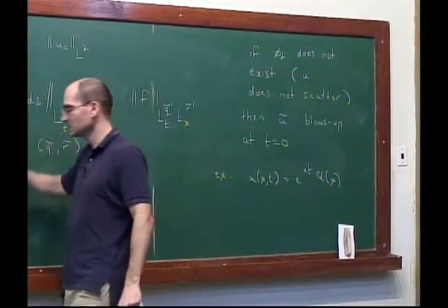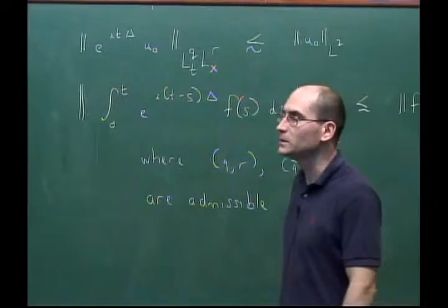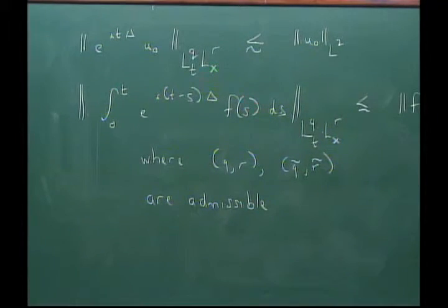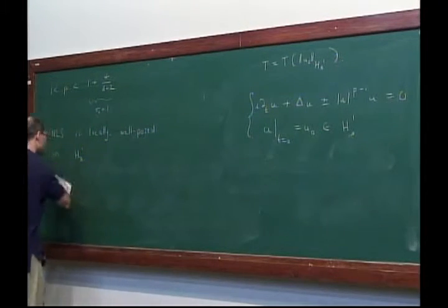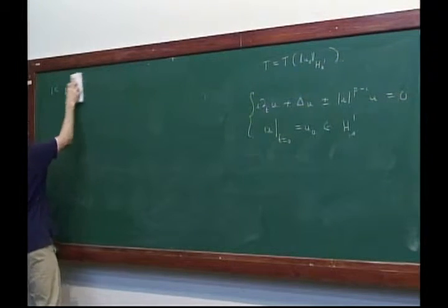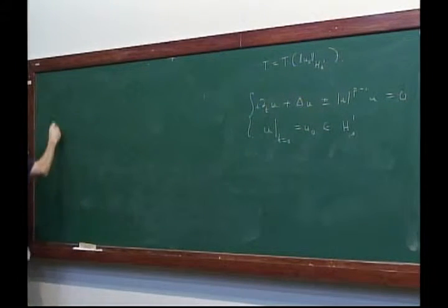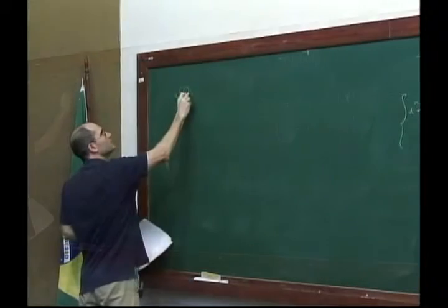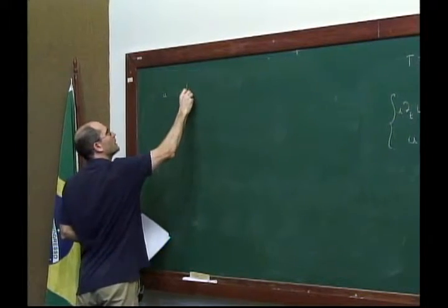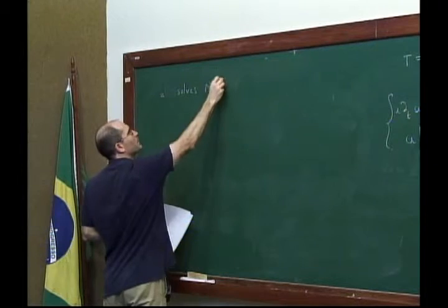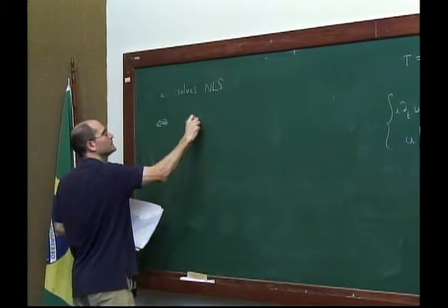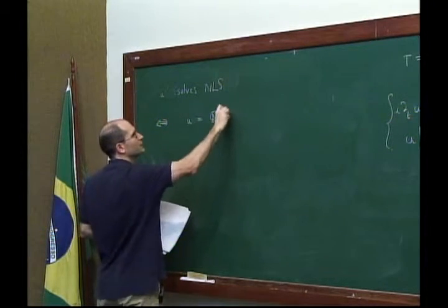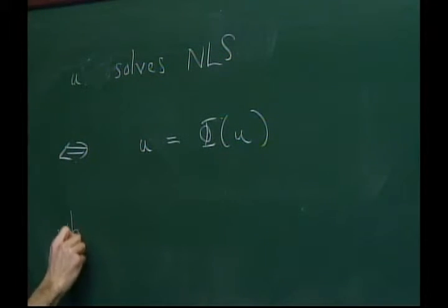So these estimates can then be the basis of a well-posedness proof once you write the solution in integral equation form. So u solves NLS is equivalent to saying u is a fixed point of a nonlinear functional.